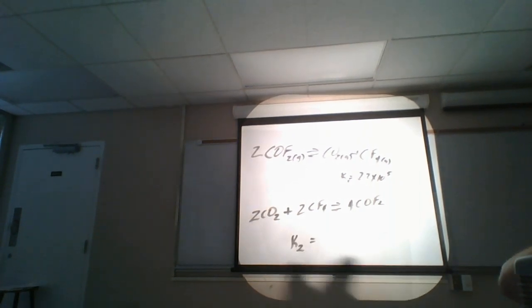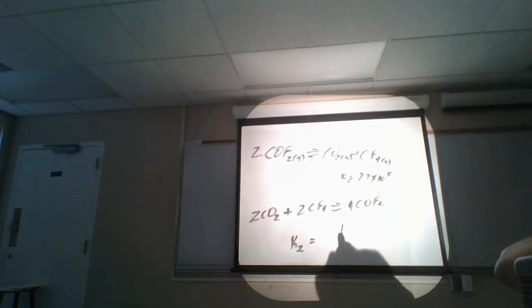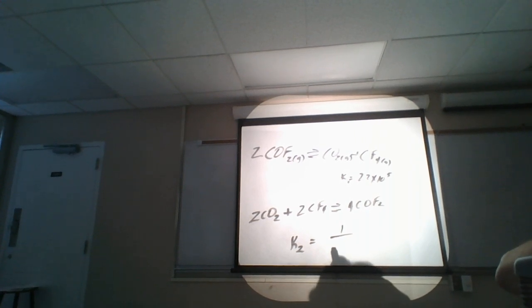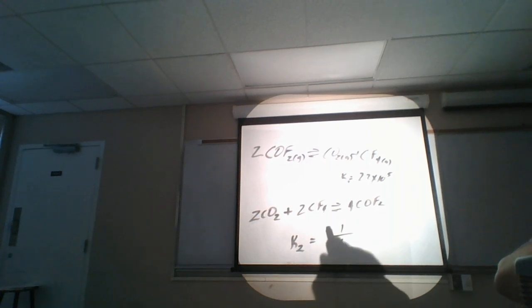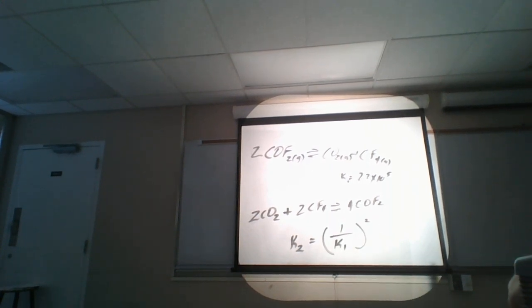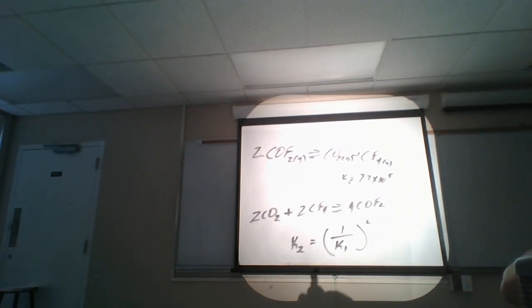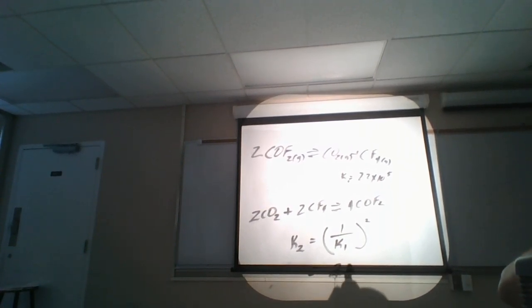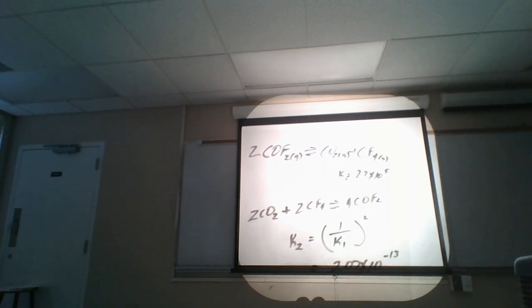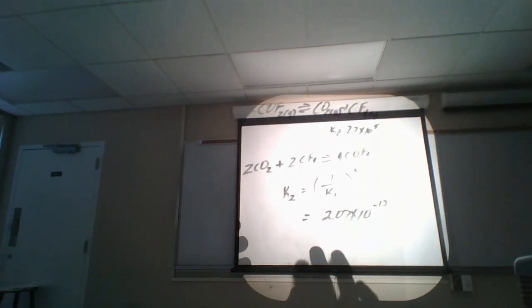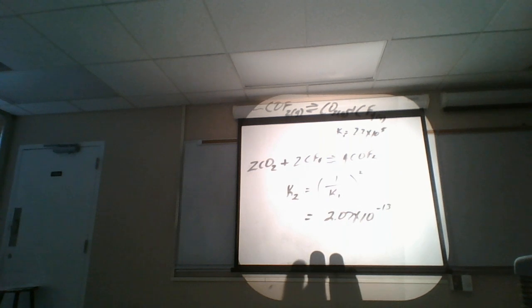K2 for this reaction, I flipped it around, so that means it's going to be 1 over K1, but I doubled the reaction, which means that I square it. You plug that in, and you end up with 2.07 times 10 to the -13, which is a very small K. Righty? Very good.